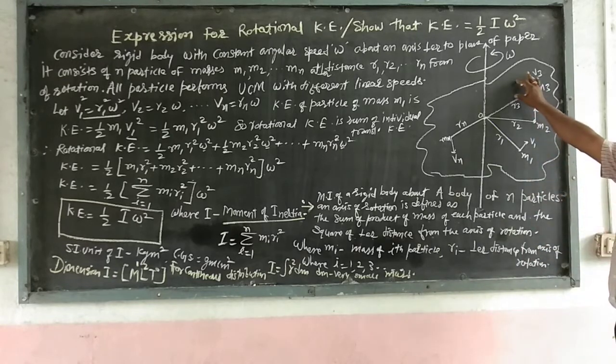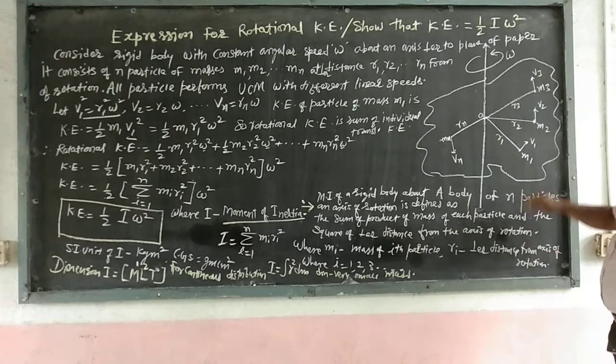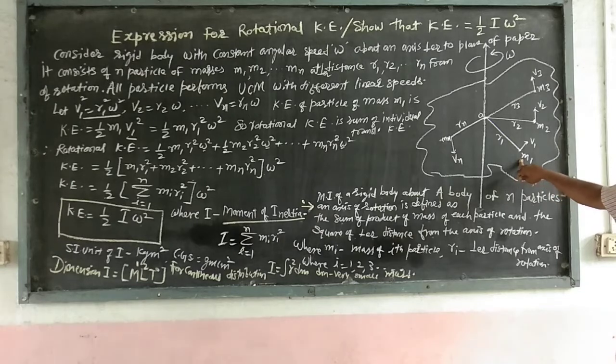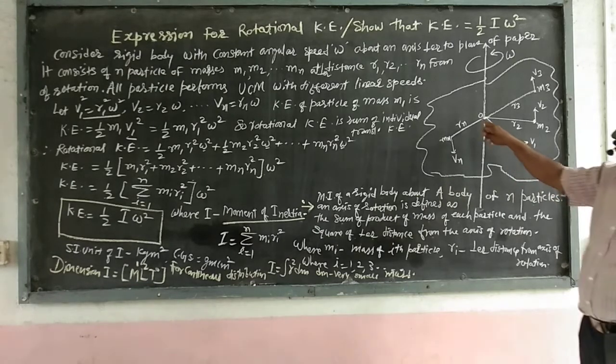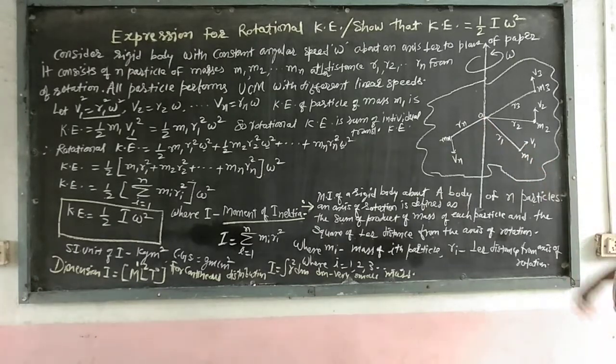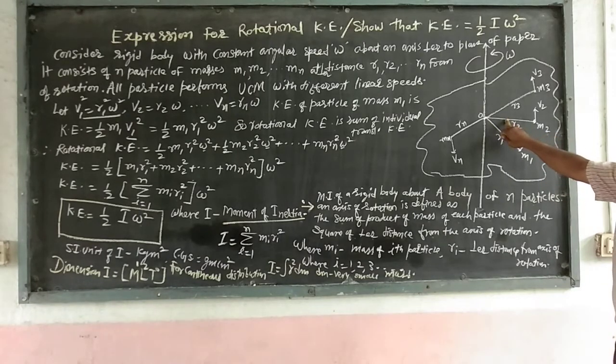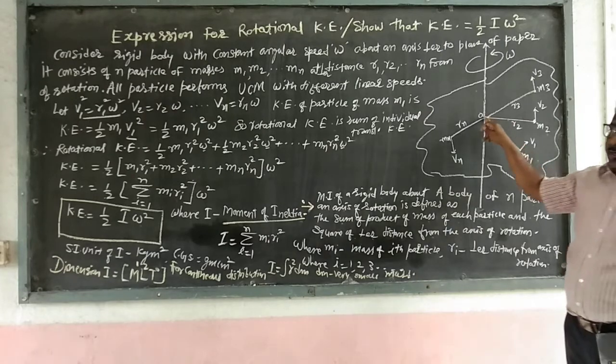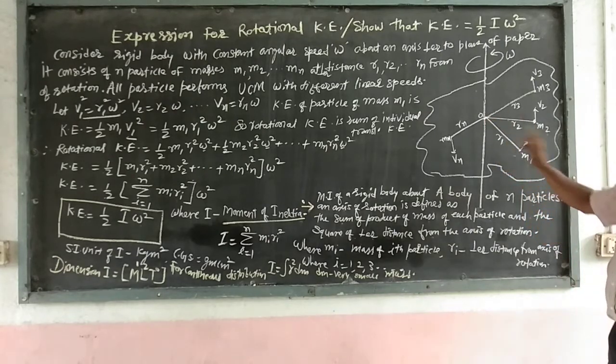Here again in this figure we see the first particle having mass m1 and perpendicular distance r1, and the second particle having mass m2 and perpendicular distance r2. The moment of inertia is equal to the sum of the product of mass, here m1, and the square of the perpendicular distance, r1 square.